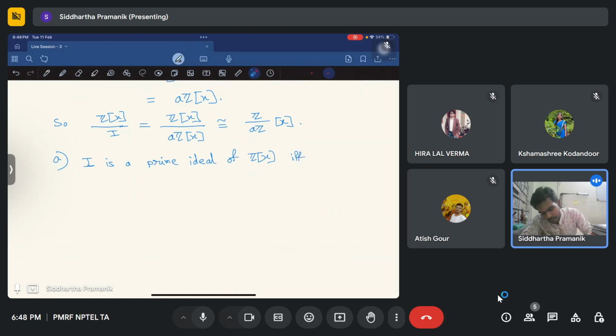So when this quotient is an integral domain, meaning this polynomial ring is an integral domain. This polynomial ring will be an integral domain if and only if Z mod aZ is an integral domain, and if and only if aZ is a prime ideal.